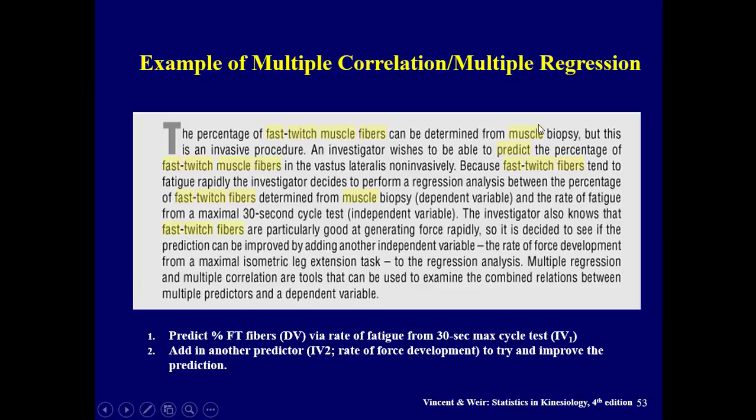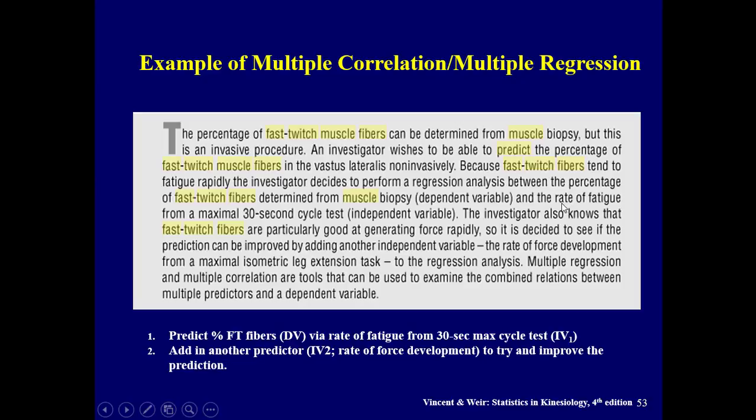We know that we are actually able to predict the percentage of fast twitch muscle fibers that you have. And one of the ways that we can do that, instead of doing a muscle biopsy, is we could use a predictor, in this case, a rate of fatigue. It turns out that fast twitch fibers are what we call fatigable fibers. They're going to fatigue much more easily.